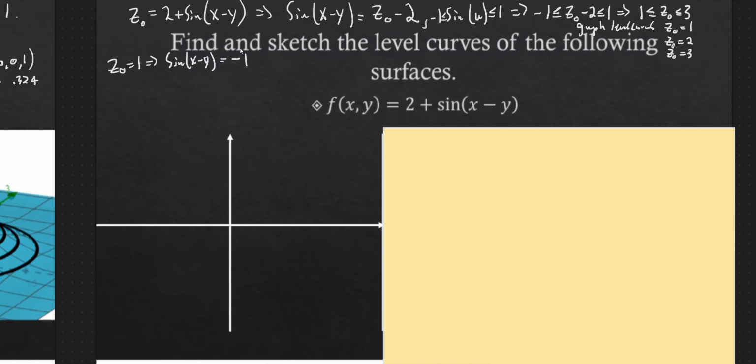Well, I need inverse sine of -1. And remember that we don't just want the range of the inverse sine function, but we want any possible values of x minus y such that sine of that is -1. So we want to get all solutions. We need all solutions to this.